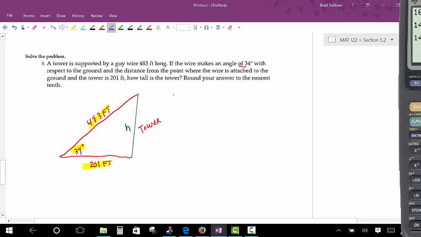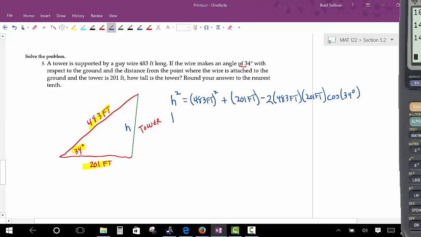So here's one of the benefits of memorizing law of cosines. So what you do is if you want to find this side in the side angle side case, you just say h squared is equal to the sum of the squares of the other two sides. I'm going to go ahead and put the units in there, just so you can see how the units come out, minus twice the product of the other two sides, times the cosine of the angle in between.